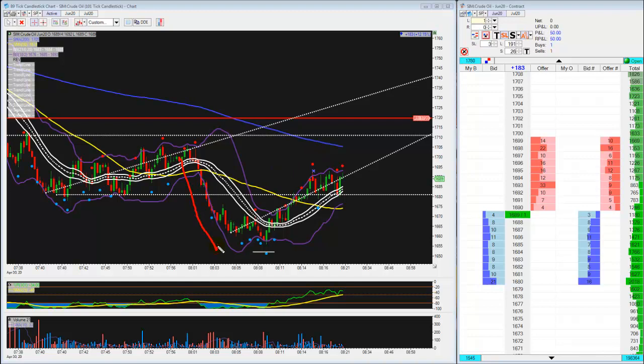So we had our short side traders coming in. We see this program buying coming back into the market. Where do they want to bring it? Up here? Up here? Up here?